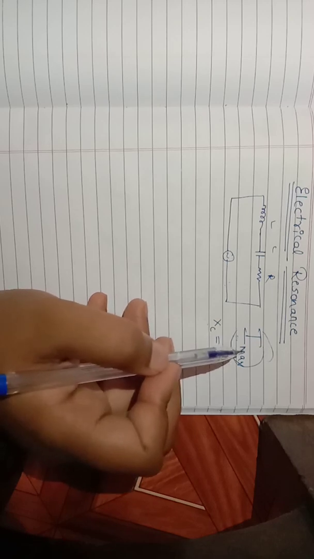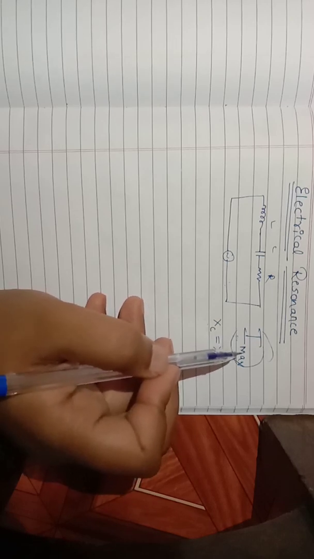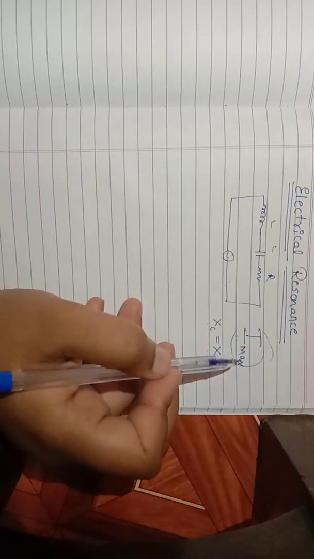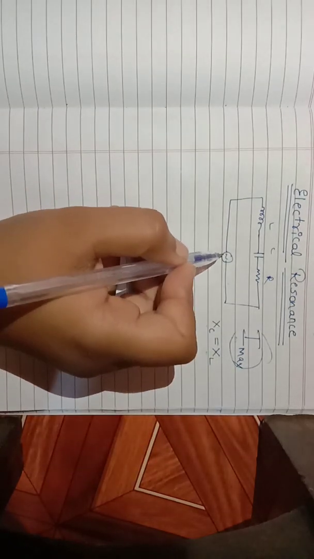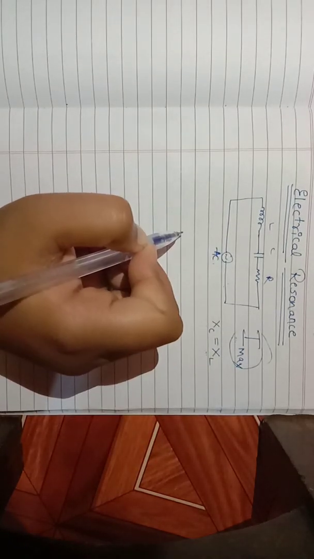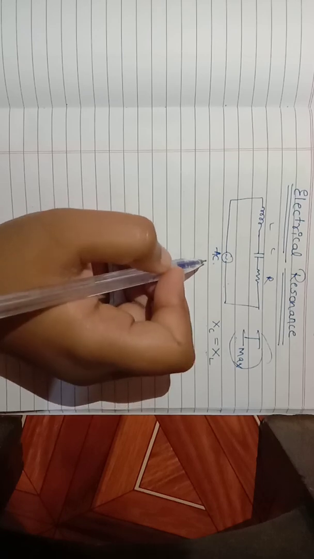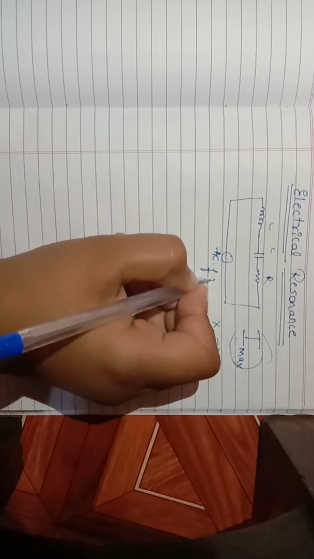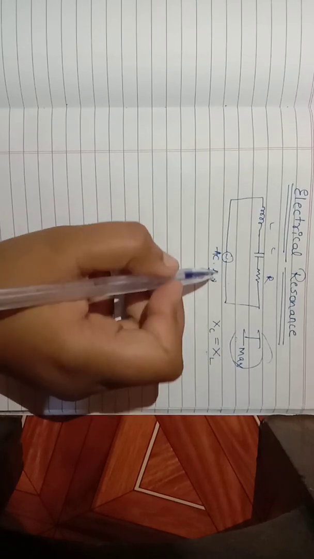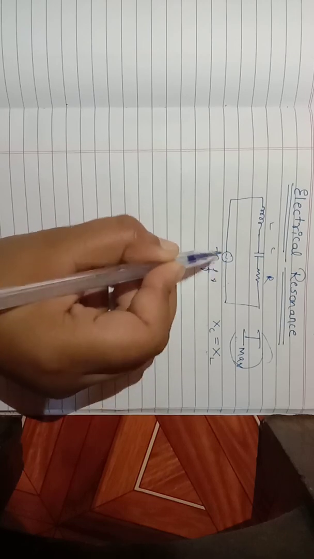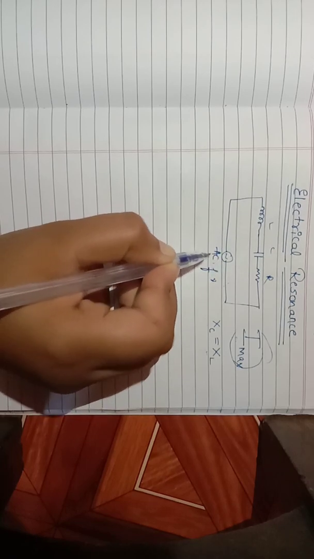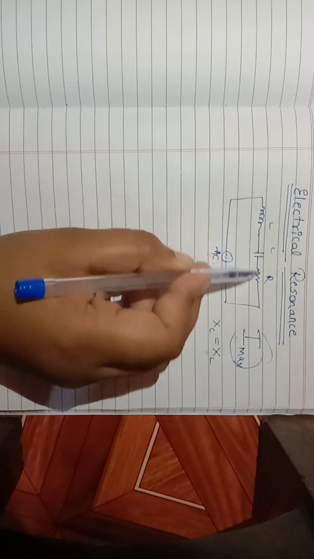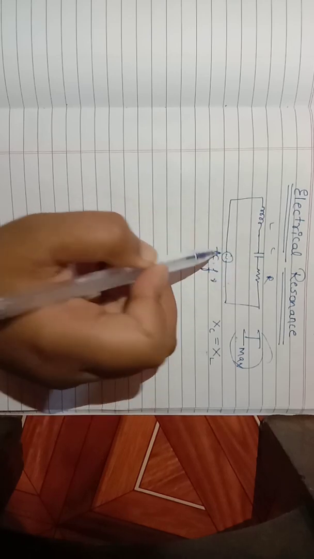But for the current to become maximum, in the AC source we have to apply a particular frequency f, or you consider mu. For a particular frequency of this AC source, the current in this circuit becomes maximum.